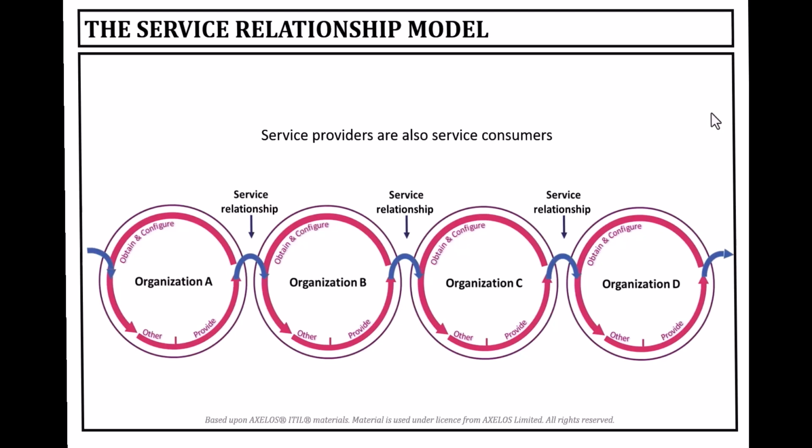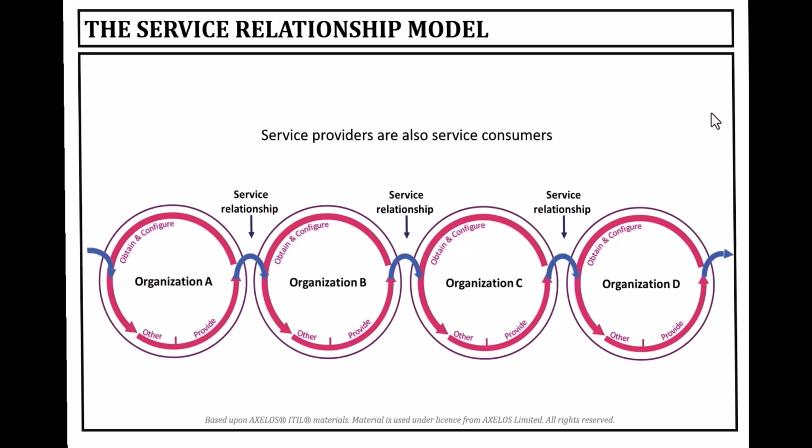The car hire service, organization B, which obtains and configures the software, will offer and provide the solution to organization C, which offers on-site medical and nursing service for elderly patients. So you're seeing how the relationship goes between organizations A, B and C.